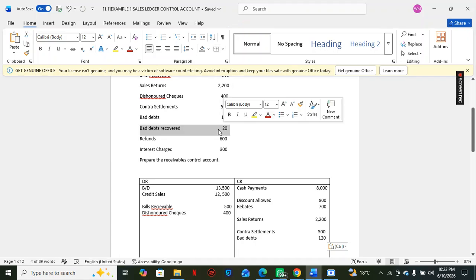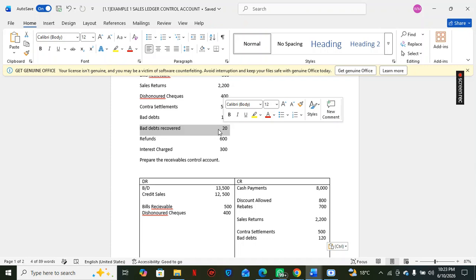Bad debts recovered. This is where you've managed to find one of the people. Let's say one of the persons who was owing you went bankrupt, so you assume they won't be able to pay you. Then they get back on their feet and they pay you the money. Or not pay you the money, but they are now back in business.